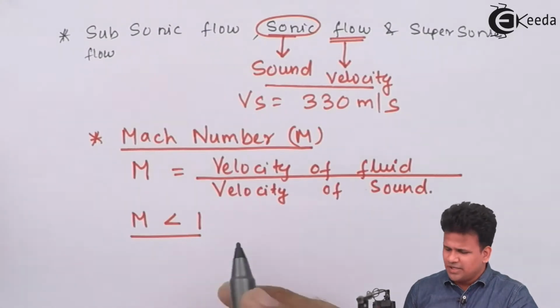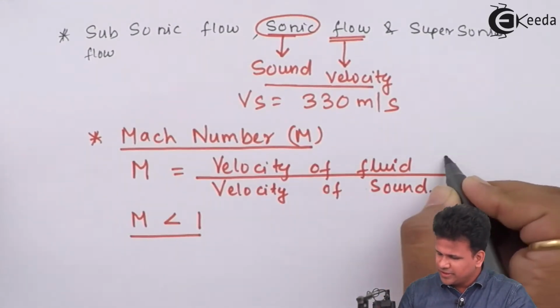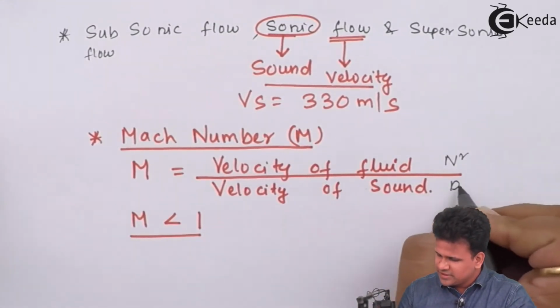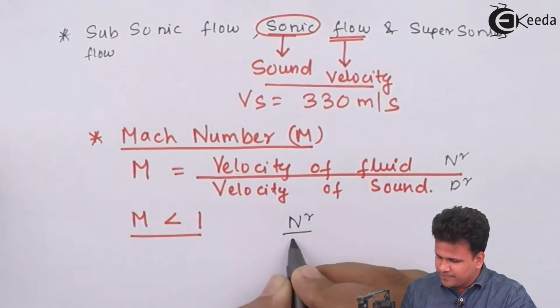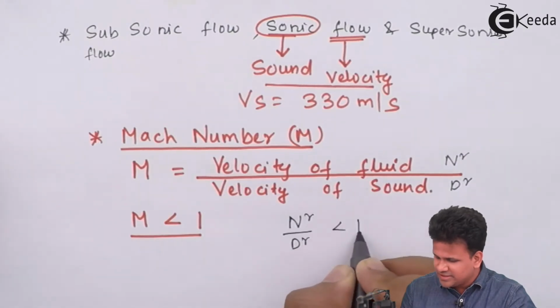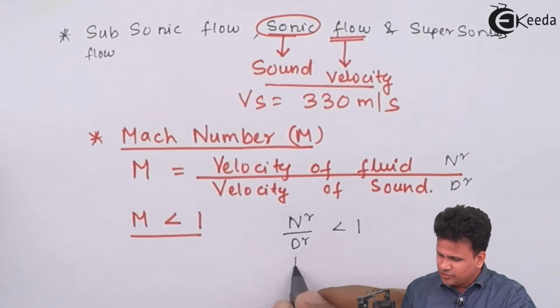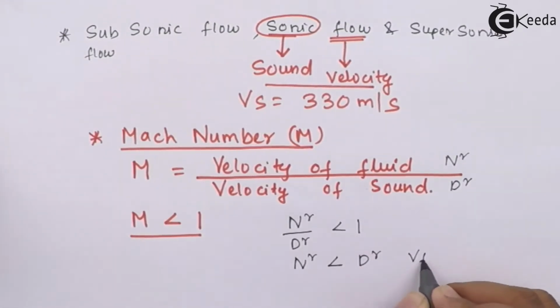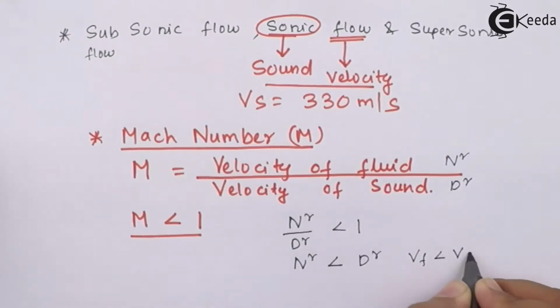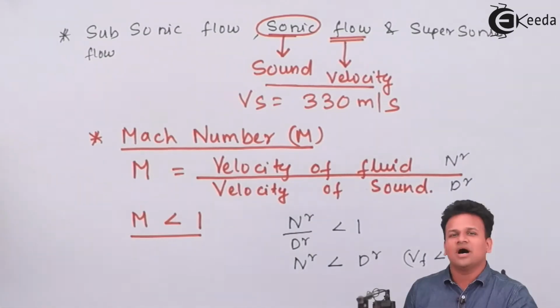That means, over here, this is the numerator, this is the denominator, and the fraction, numerator upon denominator, is less than 1. That means the numerator is less than the denominator, which is, velocity of fluid is less than velocity of sound.